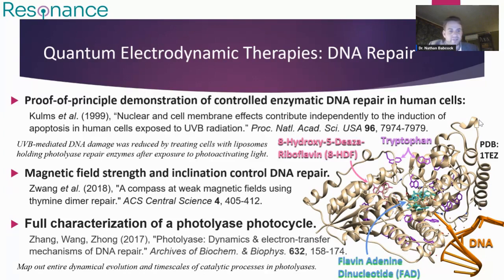This is a wonderful example because the magnetic field strength and even the direction of the magnetic field have been shown to be able to control DNA repair, and that a full characterization of the complete photocycle of this enzyme exists. So if we're interested in the research, there's a long way we can go developing this kind of therapy, at least in principle.